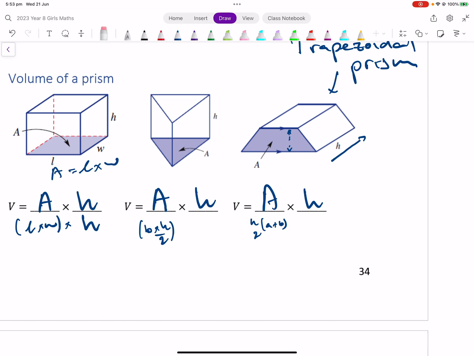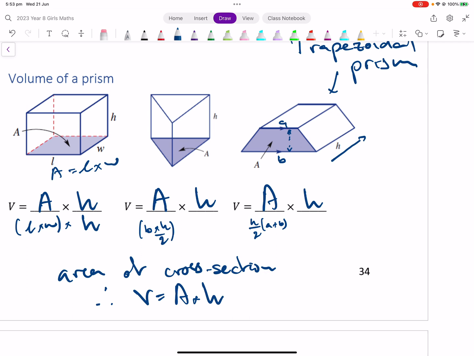A and b. So what we do when we're calculating the volume of a prism is calculate the area of the cross-section, whether it's a triangle or a pentagon or a trapezium or a rectangle, and then volume equals A times H.